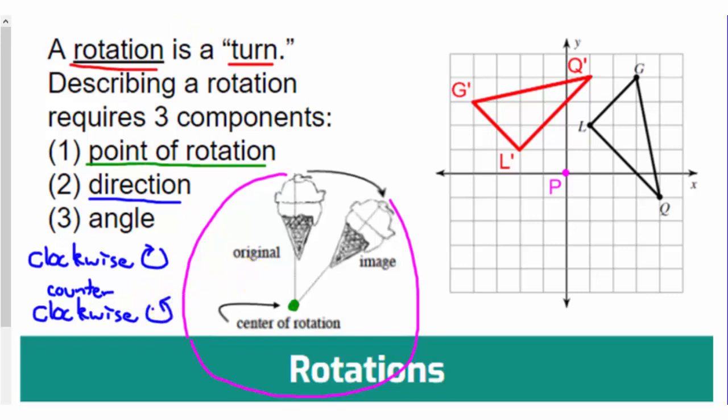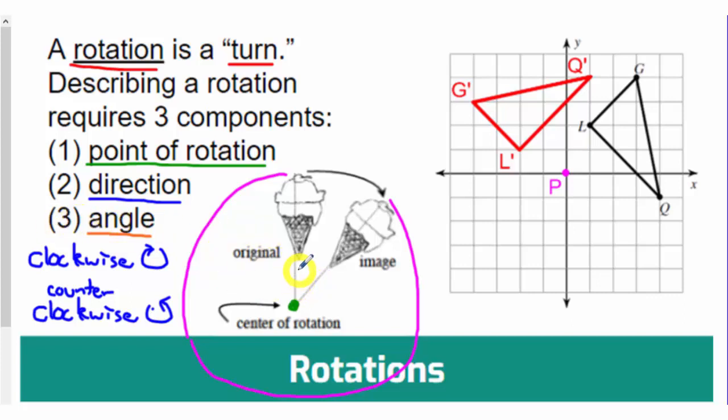The third thing that we need to know to be able to do a rotation is an angle measurement. And that angle measurement tells us how far we're spinning before we stop spinning. So a small angle would mean we turn the wheel a small amount, and a big number for the angle would mean we're turning the wheel further.